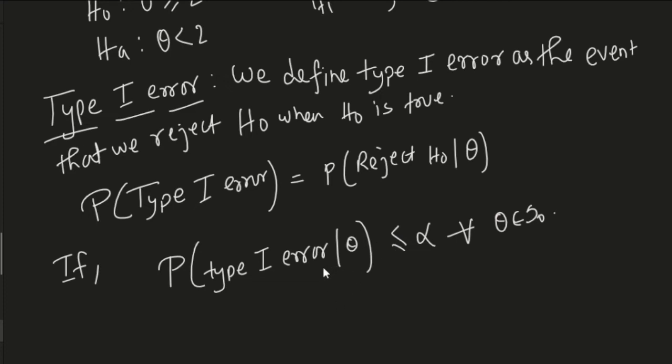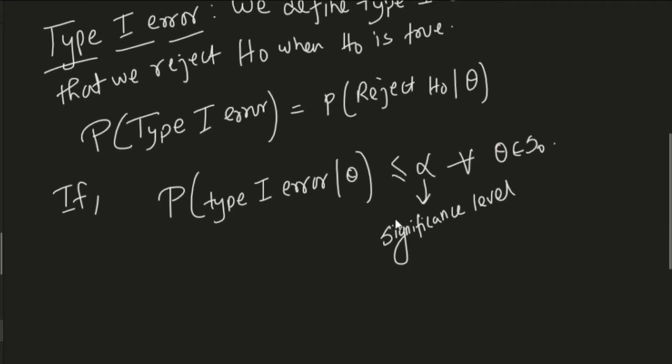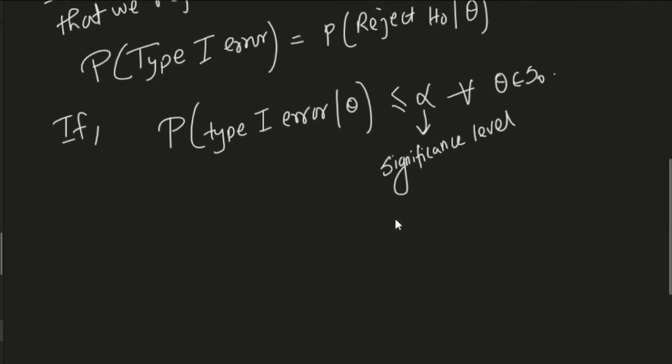So if the probability of type 1 error given theta is less than or equal to alpha, the significance level, this usually gives us that the test is significant and we should proceed with it. But if the probability is greater than that, then there are other ways to test that.